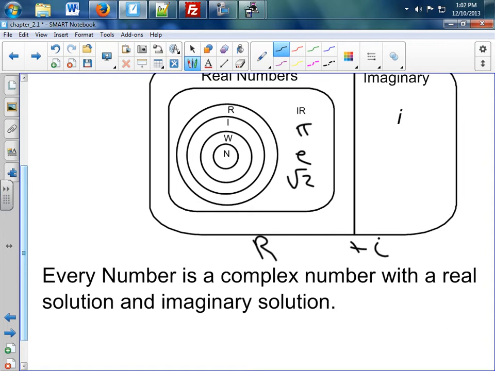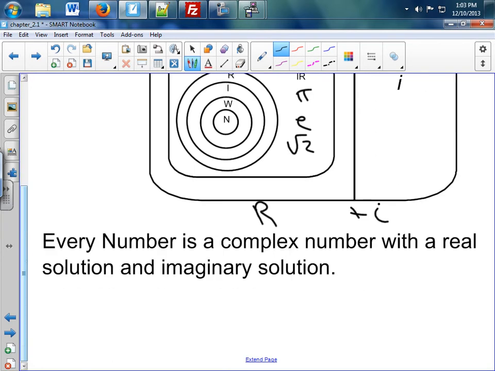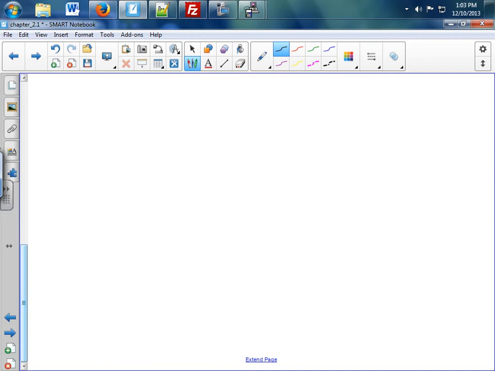Okay, this is where we're going to get into the different world of math. I'm saying every number can be written as a real number plus an imaginary number. So, if you think about this, my hockey number can be written as a complex number.